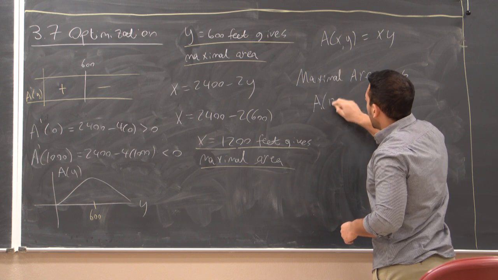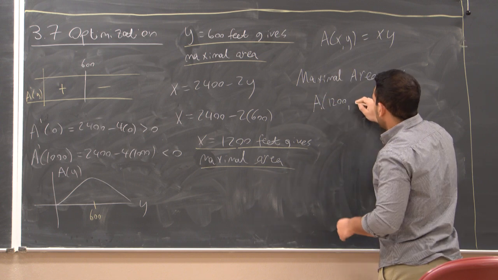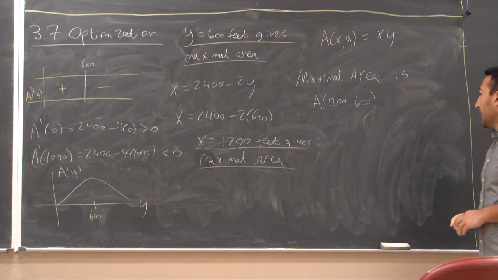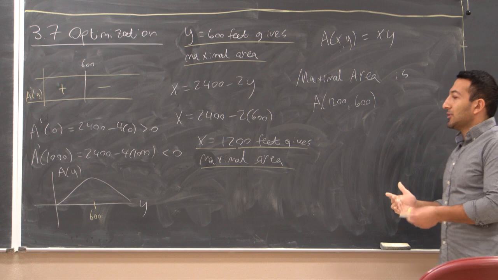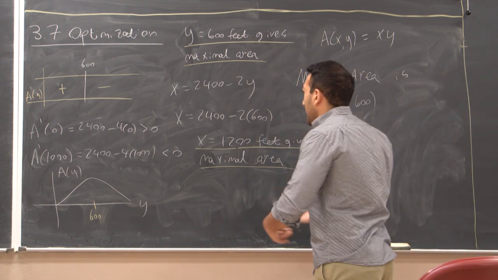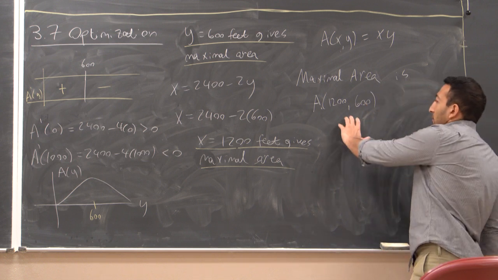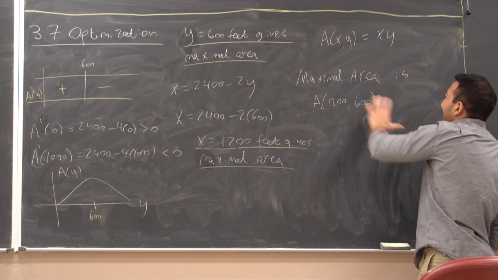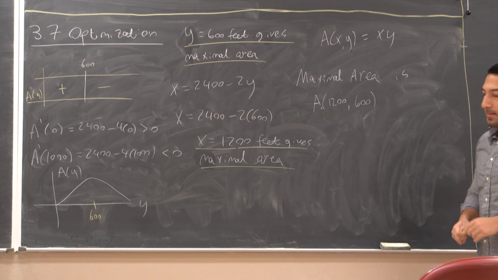So x is 1200, y is 600. But the problem didn't ask for the maximal area, it just asked for the maximum dimensions. So here we're done, but this is what the dimensions give you. They tell you when x is 1200 and y is 600, that gives you the maximal area.